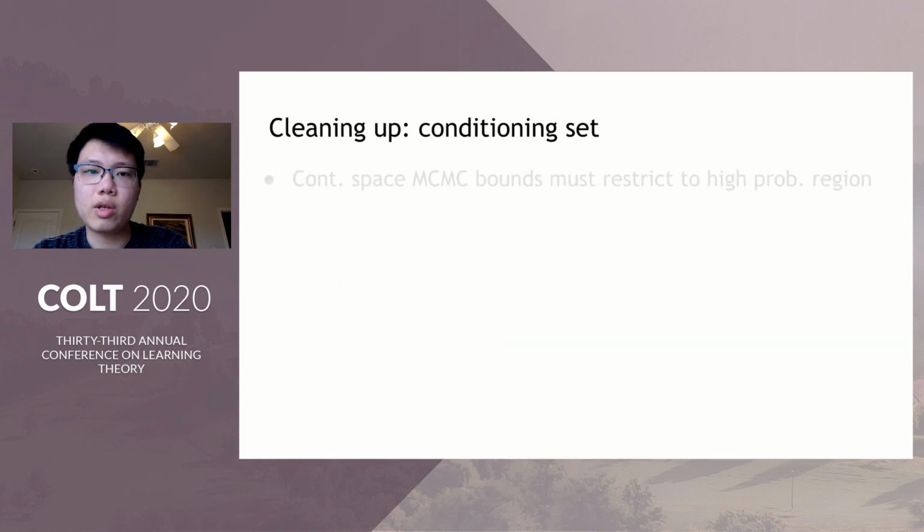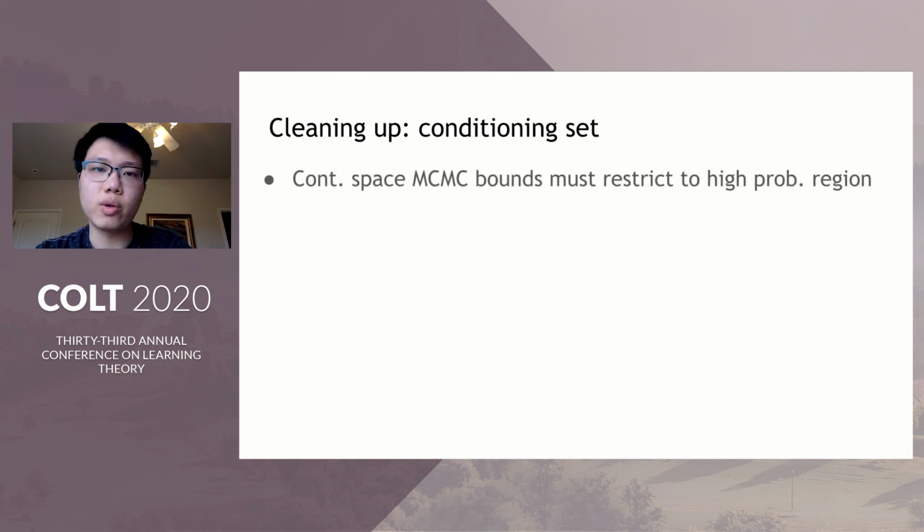So it turns out that this high probability set brings some subtle difficulties in terms of the analysis. And I won't go into too much detail here, but I will survey it briefly. So the specific issue is that continuous space Markov chain Monte Carlo chains, which ours is an example of, must restrict to a high probability region because the space is unbounded in general.